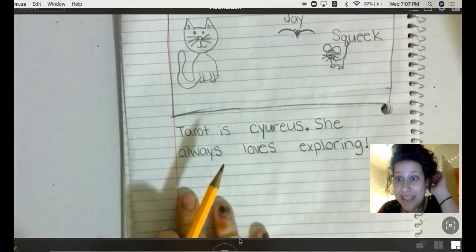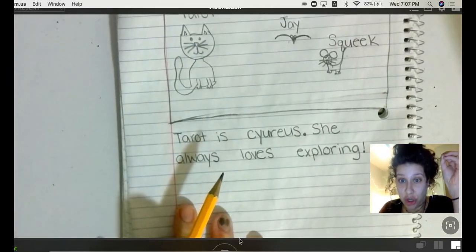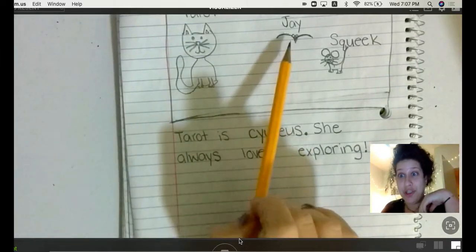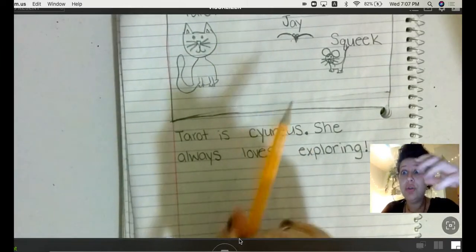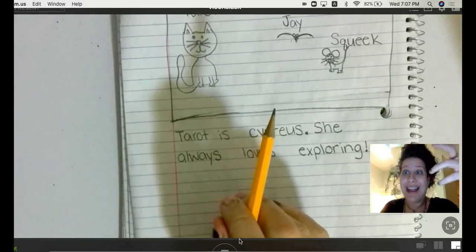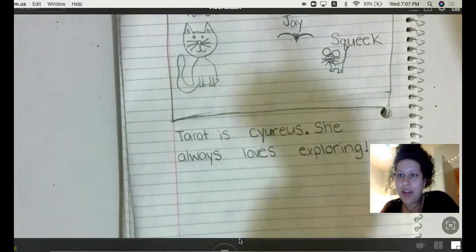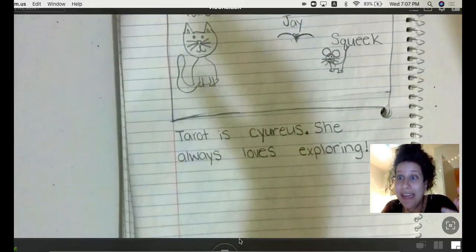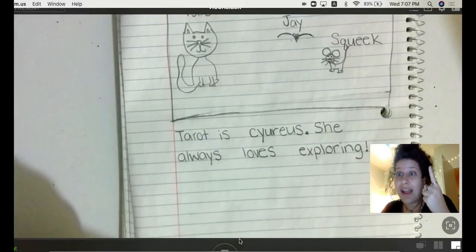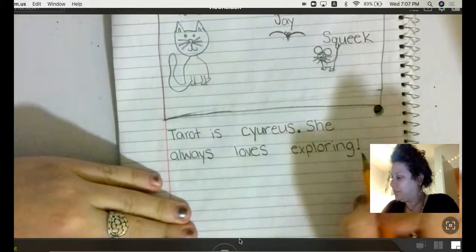They're very noisy. They like to talk a lot. Jay is a bird who likes to talk a lot. He is very noisy. I'm going to write that now.